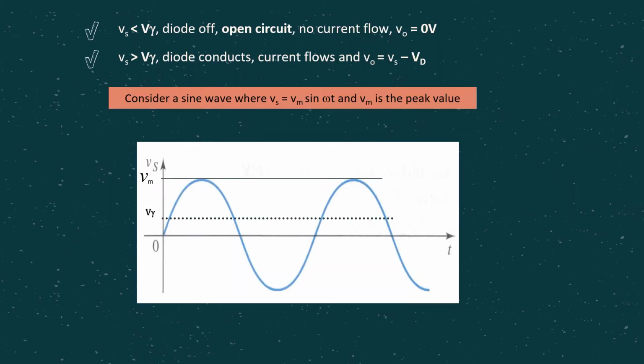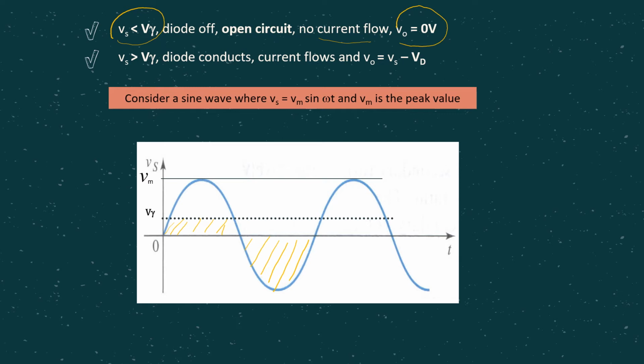For the same analysis just now, we can say that whenever Vs is less than V gamma, the diode is off, no current flows. So that's why we are getting V naught equals 0 volt. This condition, when Vs is less than V gamma, can be this portion, and it can also be the negative half cycle, where obviously the value of Vs is less than V gamma because we are talking about negative voltage.